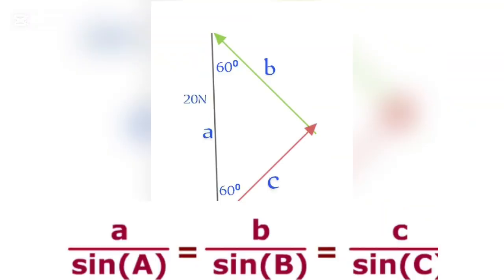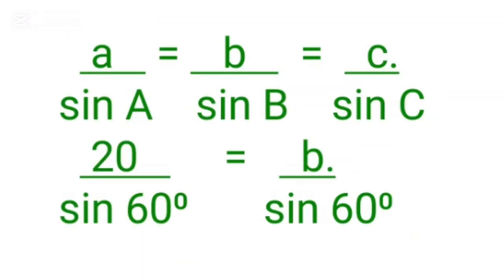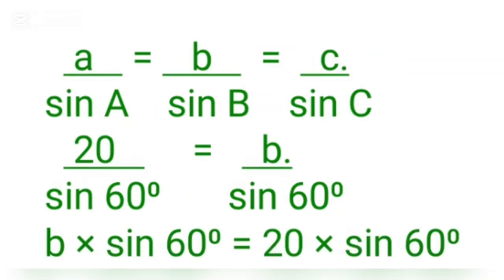If we have this triangle, what we are going to use to solve for this triangle now is sine rule, which is A divided by sine A is equal to B divided by sine B, which is equal to C divided by sine C. Substituting for A is 20 Newton divided by sine 60, which will be equal to B divided by sine 60.